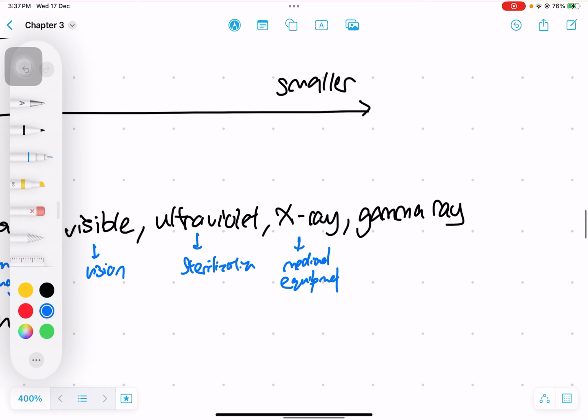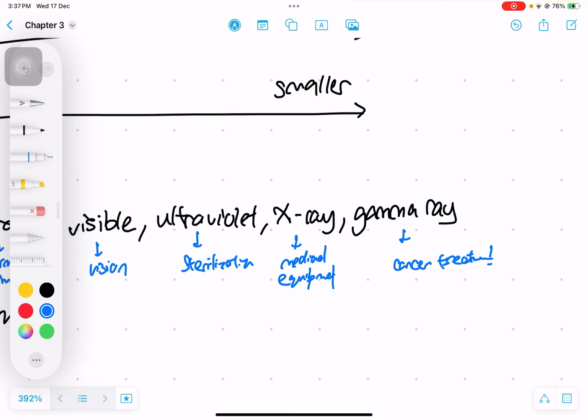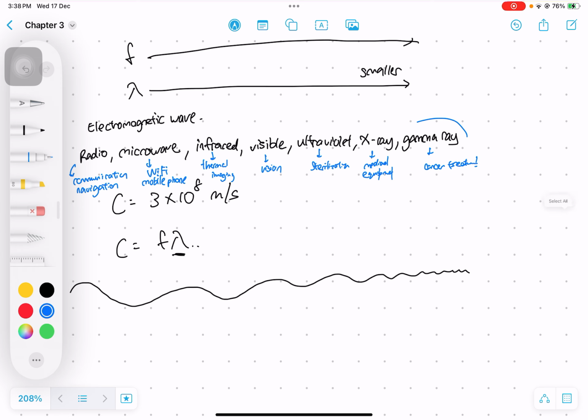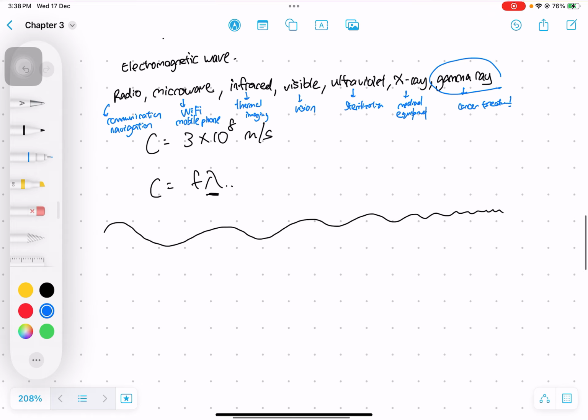And gamma ray is about cancer treatment. That's the application for all of it. For sterilization, we can also use gamma. So see how you answer it.